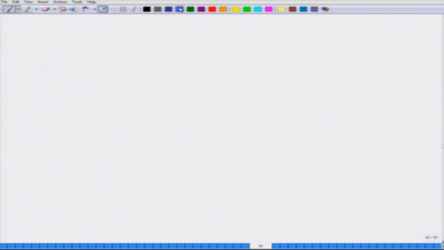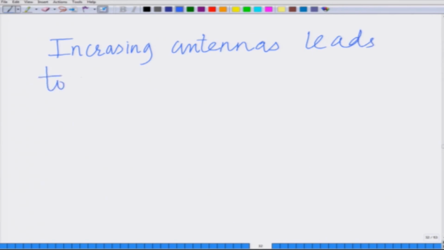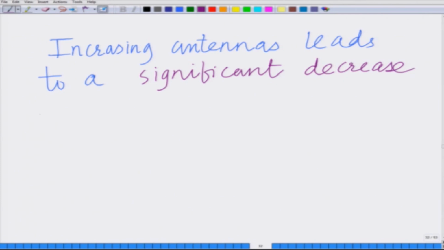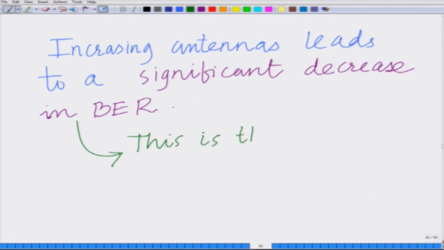So, the increasing number of antennas leads to a significant saving or a significant decrease in bit error rate, and this is the advantage or benefit.